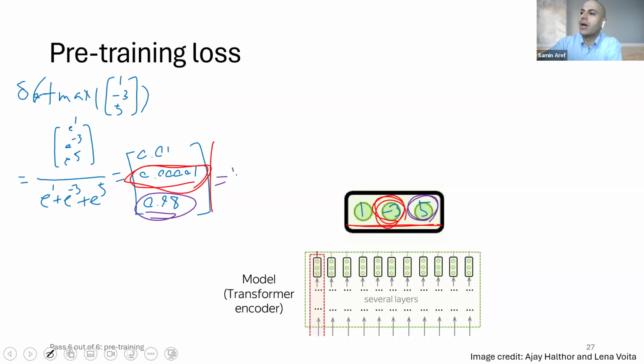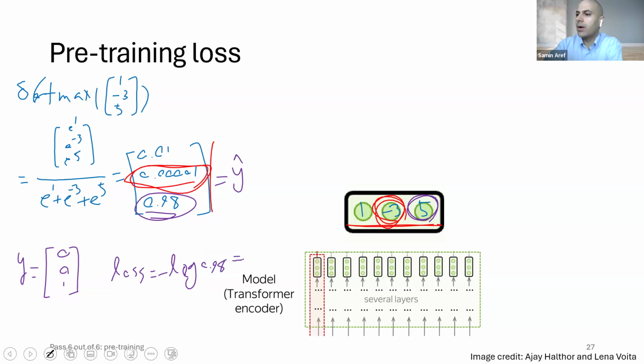So this is something like y hat, and if the target y is 0, 0, 1, then cross entropy loss would be minus log of 0.98, which will be a very small number, right? Something like this. So this is the case of a good prediction.